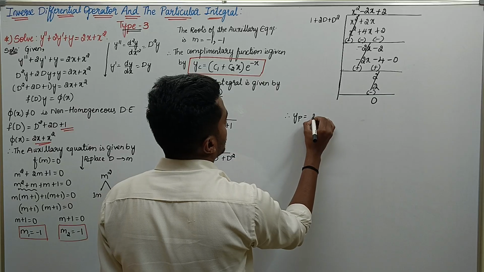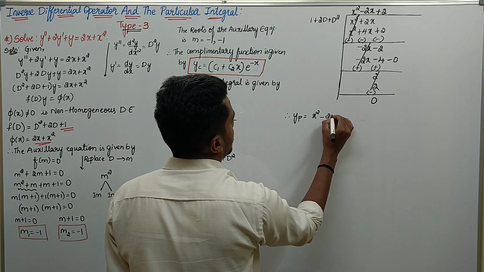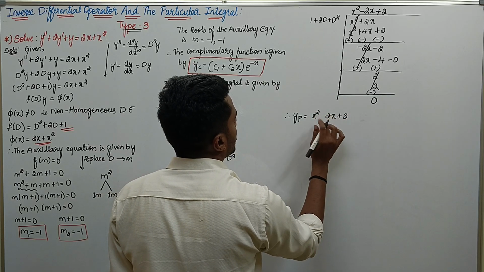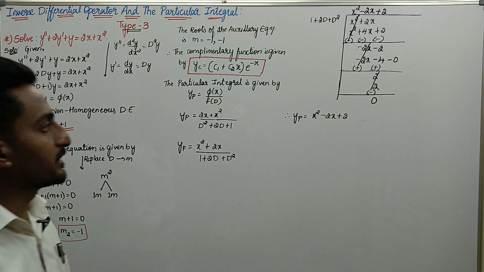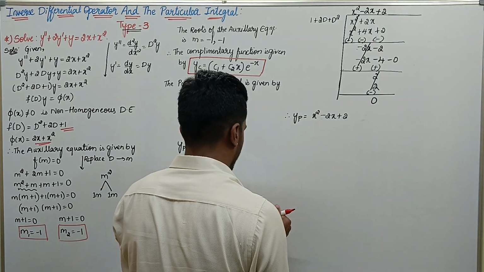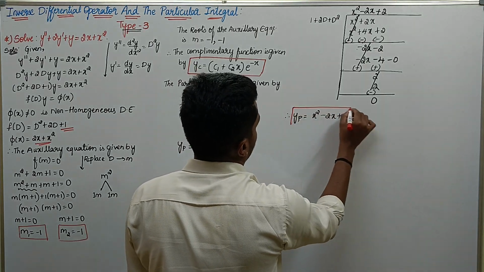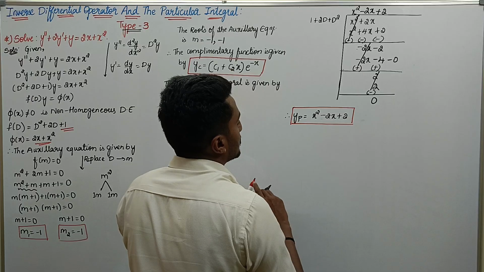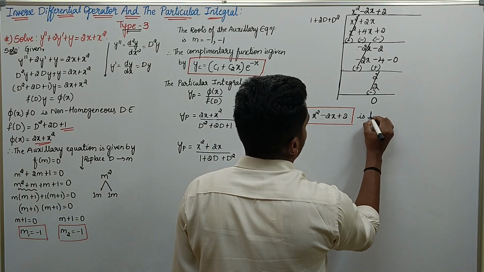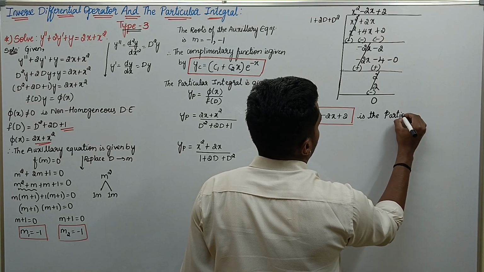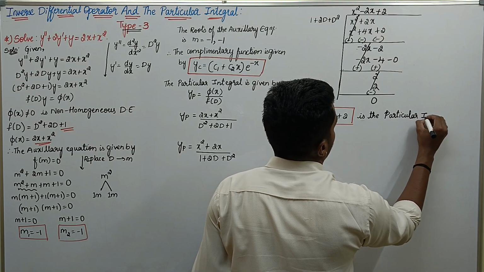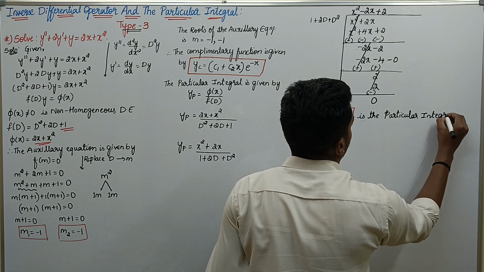Therefore, yp, which is equal to x square minus 2x plus 2, is the required solution of what? The particular integral. This is the particular integral.